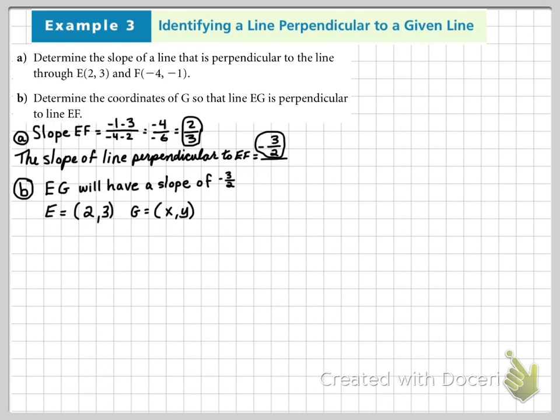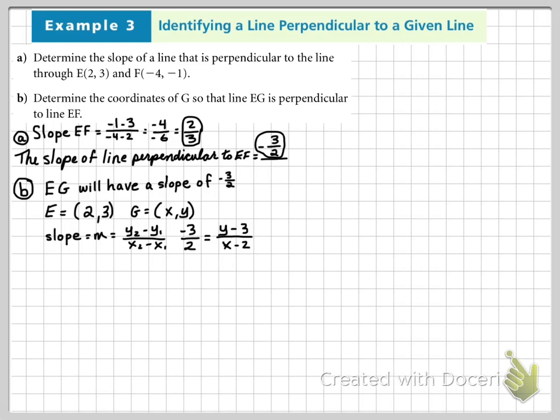We have to solve for x and solve for y. We can say now that the slope, m, is y2 minus y1 over x2 minus x1, which is -3 over 2, has to equal, if we used our y2 minus y1, y minus 3 over x minus 2.